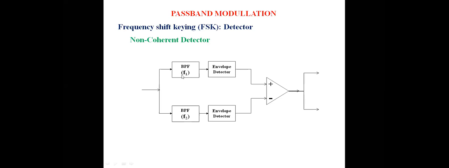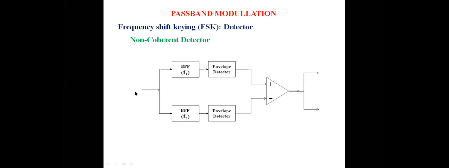The upper band pass filter is tuned to F1, whereas in the lower non-coherent detector, the band pass filter is tuned to F2. Then their respective outputs are compared in a comparator, and decisions are made in favor of either 1 or 0.